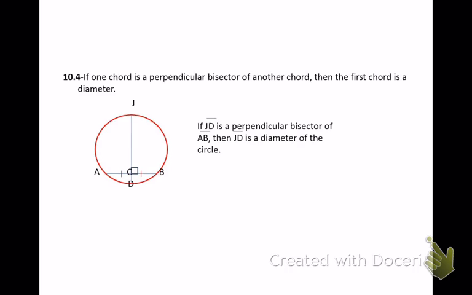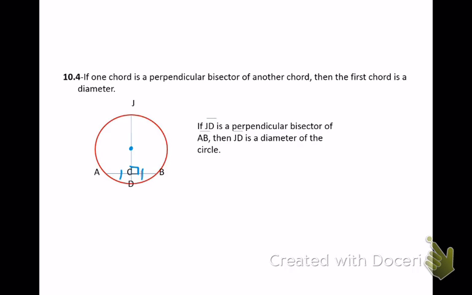Okay, so some things that we have to know. Two chords here, and first of all, JD and AB are perpendicular, which means they make right angles, right? Then we would have to know that AC and CB were congruent, which means that JD is bisecting AB. And if that happens, that means JD has to be a diameter. It has to go through the center.